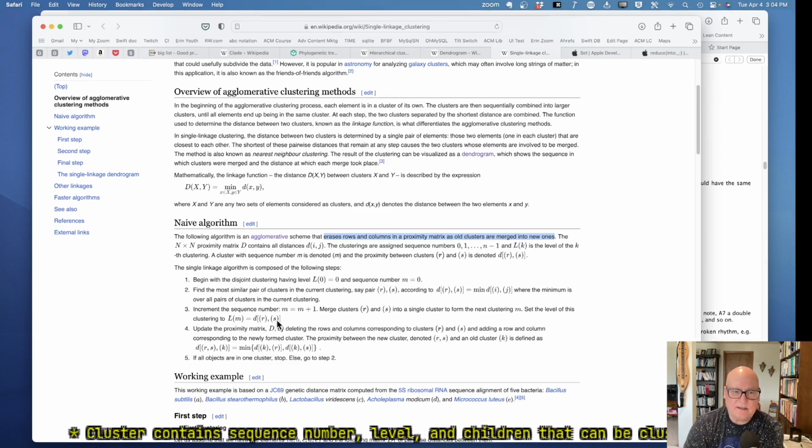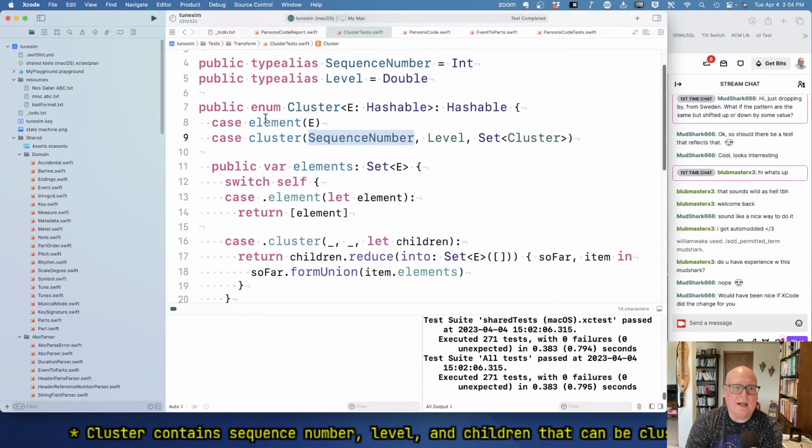But at least sometimes I've had this thing where I have a common field I wish I could put above all these. Maybe I wanted everybody to have sequence number and level. And if I did that, I would have to put the whole thing in a struct or something like that, and then break out the children as a separate thing. I mean, can I do recursive structs?